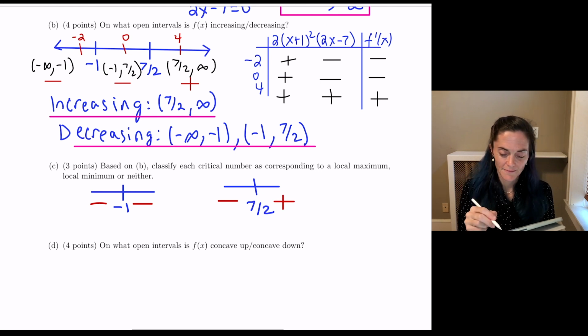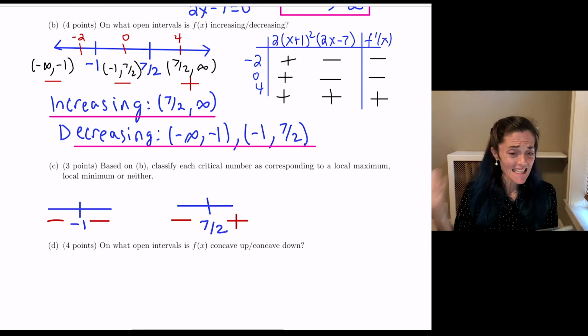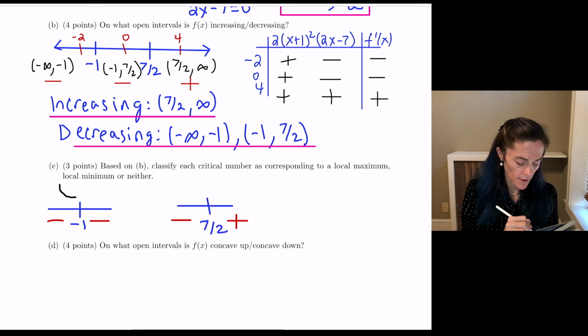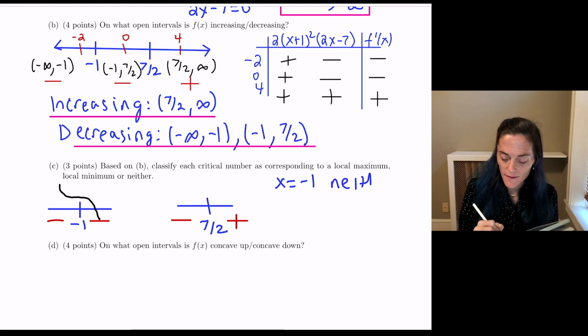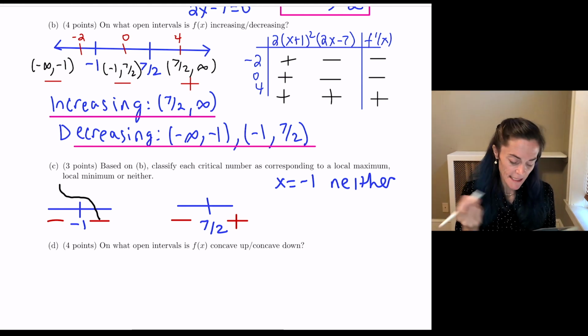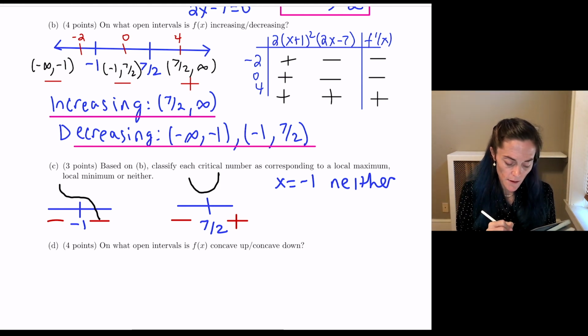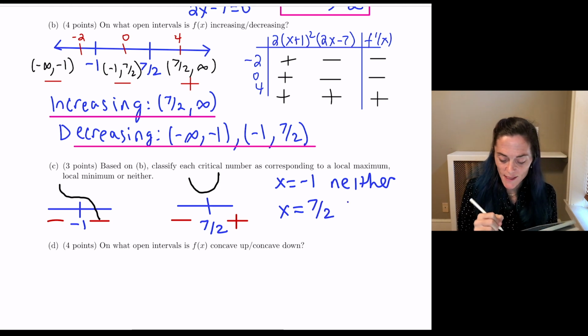Now, here comes sketching. At -1, sketch anything. We have decreasing, horizontal tangent, decreasing. So we conclude -1 is neither. All right, at x equals 7/2, sketch anything. Decreasing, increasing. We see x equals 7/2 corresponds to a local min.